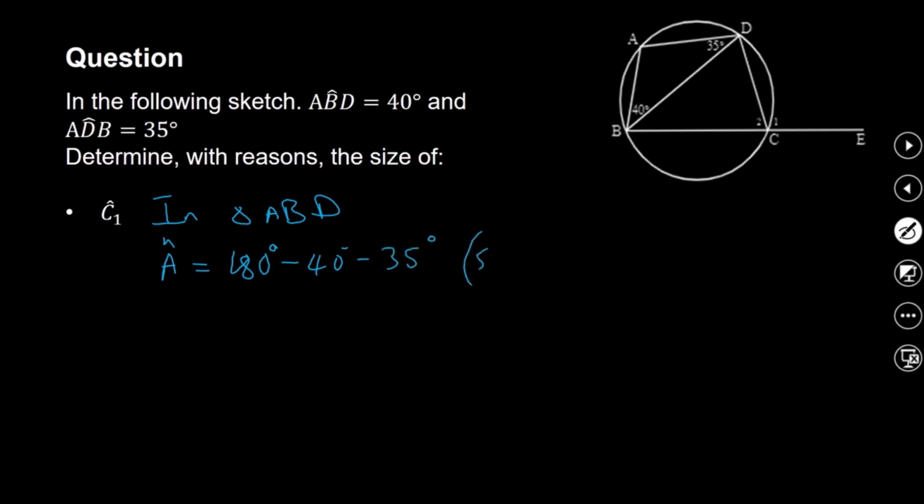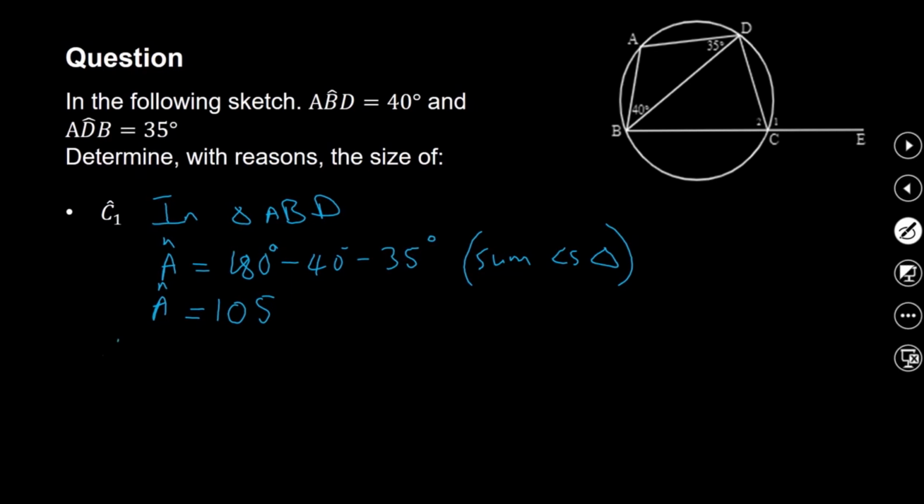And this will be because of the sum of angles in a triangle, which is equal to 180. So that's what I'm subtracting there. So 180 minus 40 will be 140, minus 35 will actually be 105. And that's my angle A. But that's not what they wanted me to find. They wanted me to find angle C1.